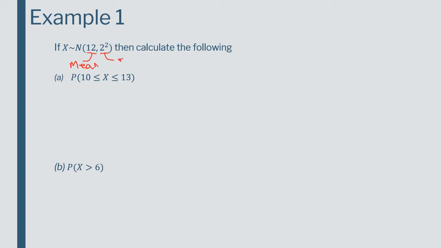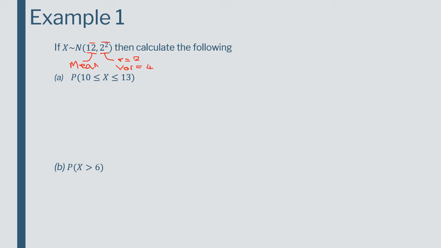So sigma is 2. This is the variance, right? So variance, sigma squared, is 4. So remember when we do this, this is the mean, and then we've got variance, so mean and variance.